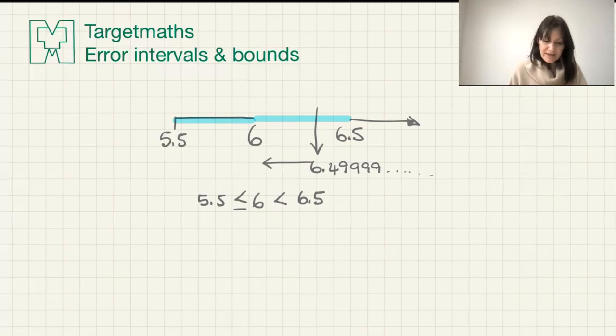So by using the inequality symbol without the equals, it means that I can very concisely write 6.5. As long as the number is less than 6.5, so 6.499999 could be in there, then this inequality shows the range of numbers my original number could have been.